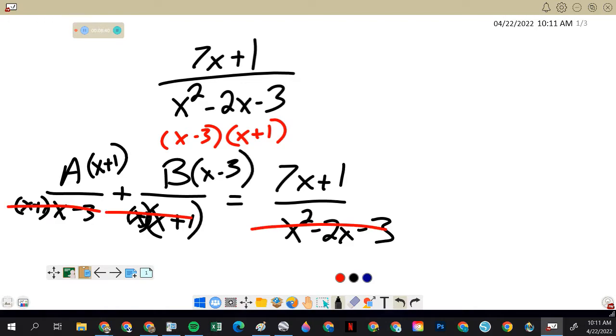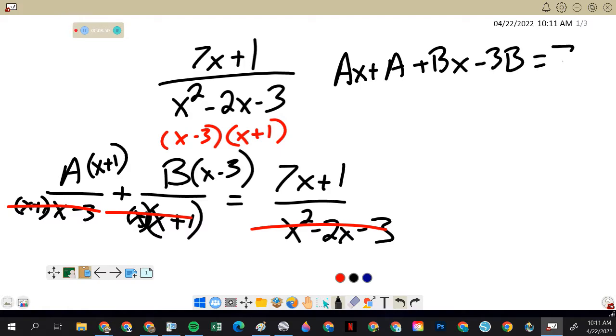And I get this equation: ax plus a plus bx minus 3b is equal to 7x plus 1. Everybody understand? So this is one equation, but it contains lots of variables.